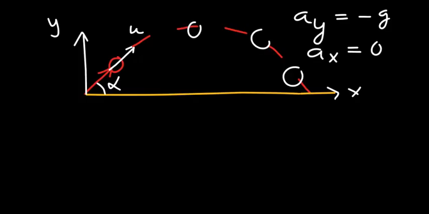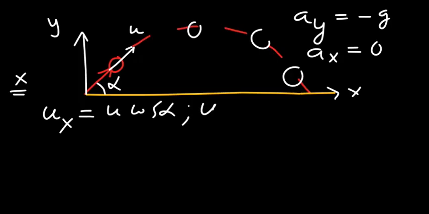So that means we have kinematics. Let's look at the x motion, or the motion along the x-axis. Now we know that the initial x component velocity is u cosine alpha. Likewise, the initial y component velocity is u sine alpha. This follows directly from trigonometry.